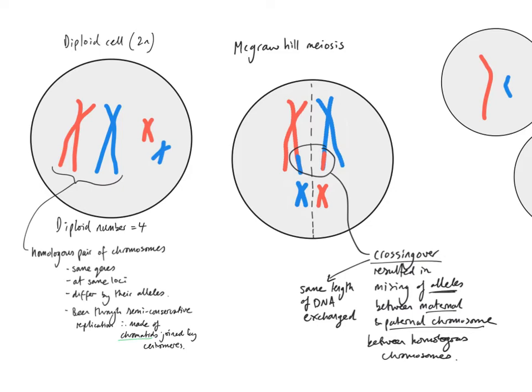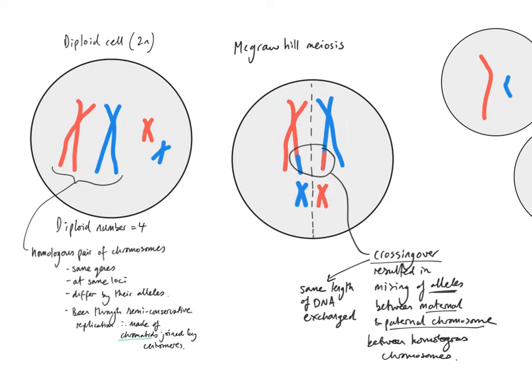Also, I'll put the mainly red one on the left side, and the mainly blue one on the right side. And they have to pair up. But I've done them the opposite way around for the smaller chromosome. And these haven't crossed over. Crossing over is random. It may or may not happen. Where it happens is also random. So I could have put an even smaller blue bit on here or a bigger blue bit. They can cross over here and at the tops as well, or not at all.